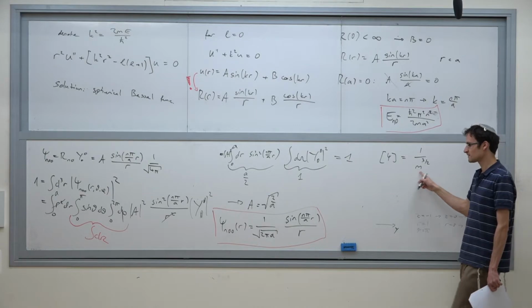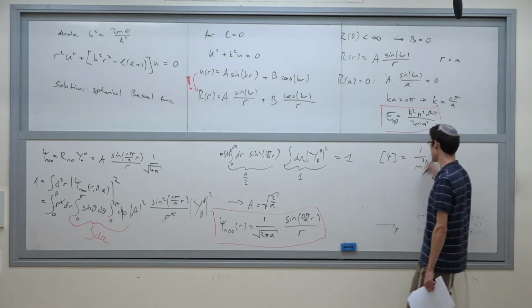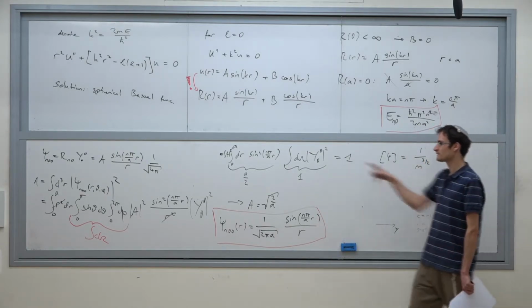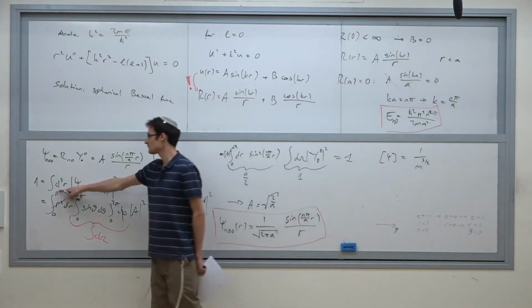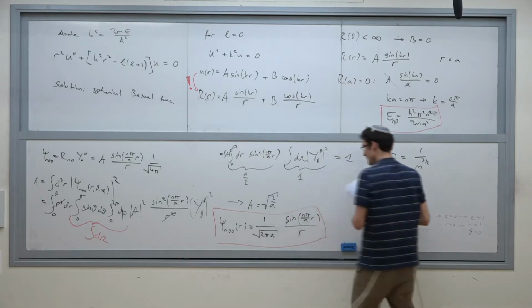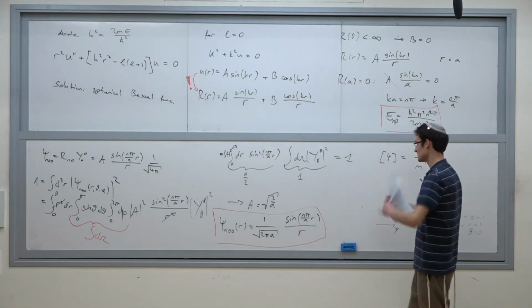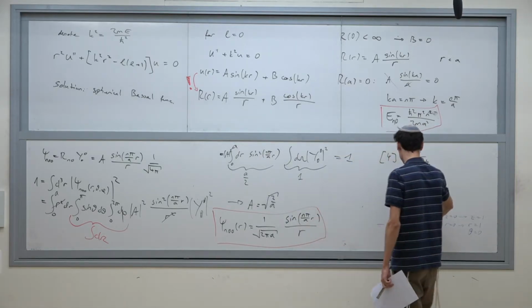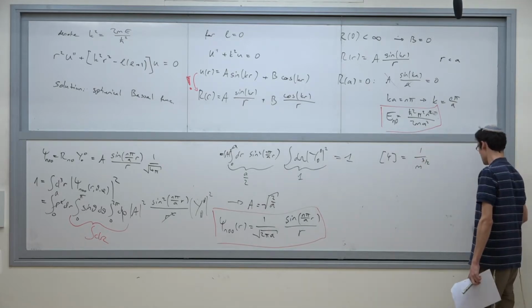Why does that make sense? Because this thing squared is 1 over volume, and then the integral over a volume element will give you a number. So always check your units when you're done. Make sure it's correct. In this case, we're fine. It is correct.